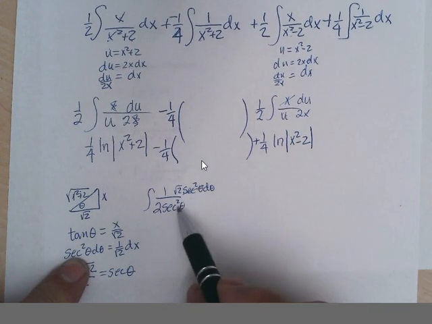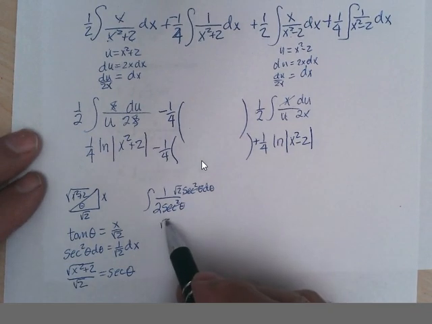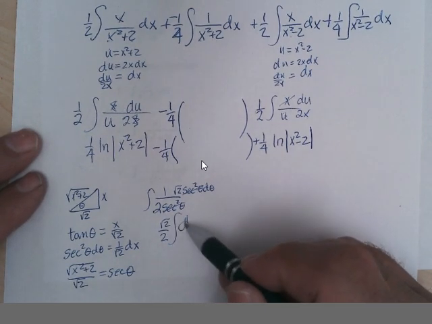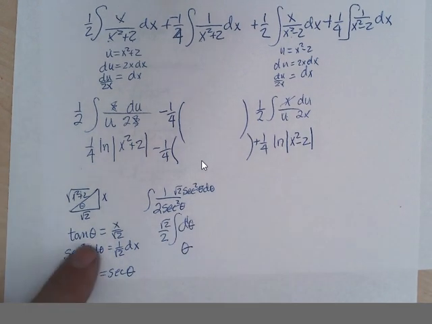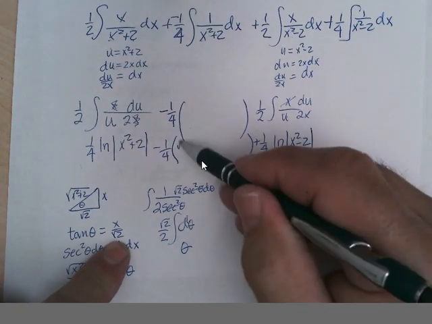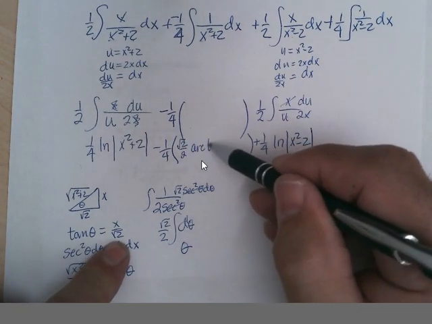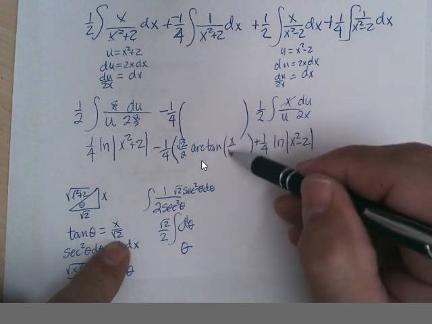The secant squareds cancel, and I get square root of 2 over 2 integral of d theta, which is theta, and theta is the arctangent of that, so I get square root of 2 over 2 arctangent of x over the square root of 2.